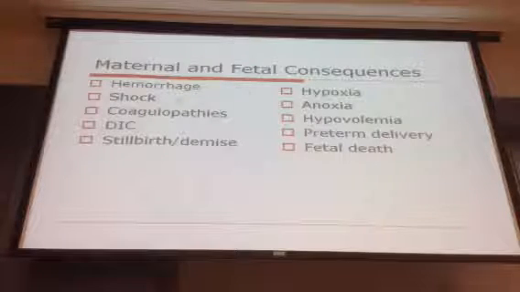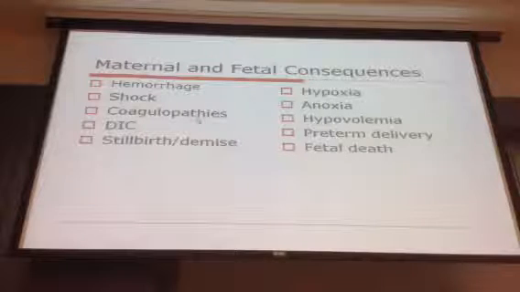For the mom and the fetus, we have a variety of consequences, including stillbirth and fetal death. Women who have a placental abruption preterm are going to have a preterm delivery, so they're going to be dealing with a compromised preterm baby. They may lose a great deal of volume, and they may go into shock. They may develop coagulopathies.